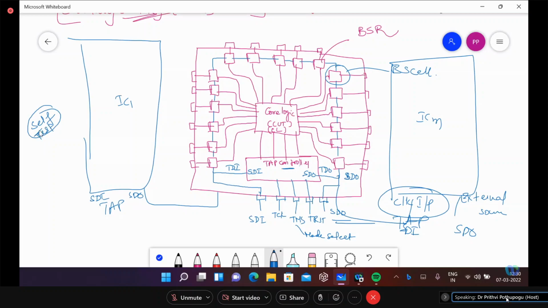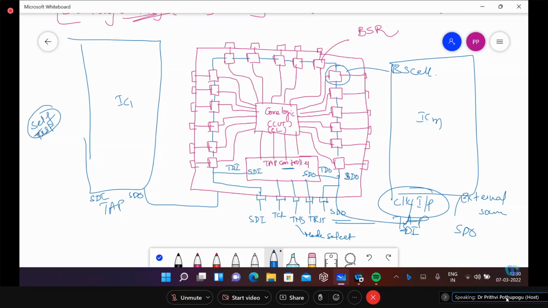Self-testing means there is no need for a manual testing procedure to be applied whenever you are using an IC. The moment you switch on, the circuit itself will be testing itself.